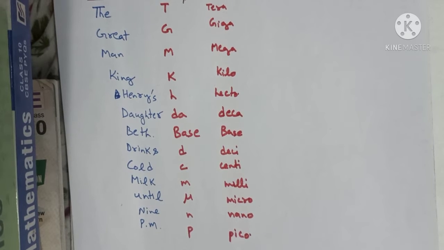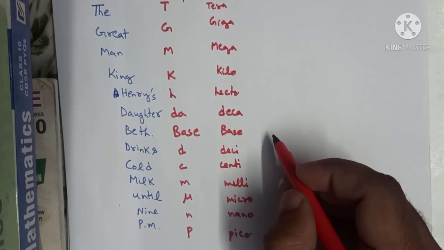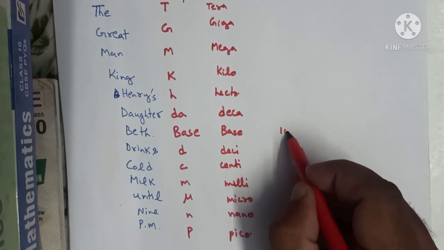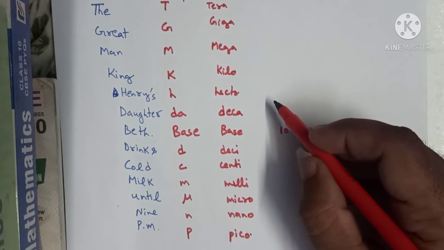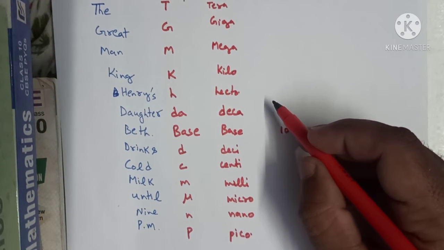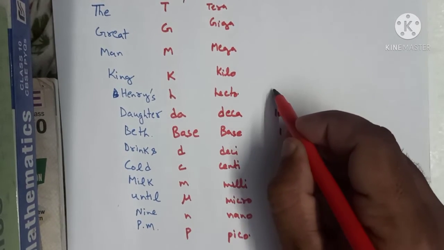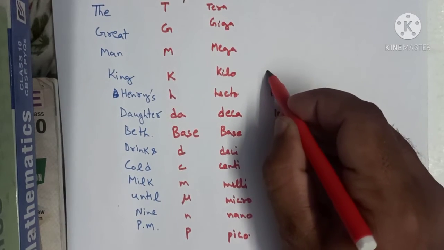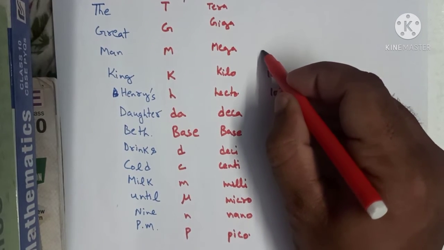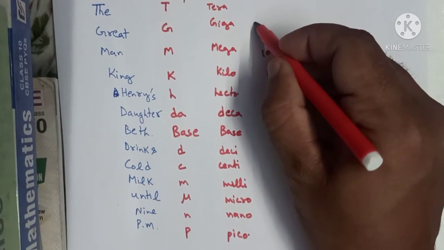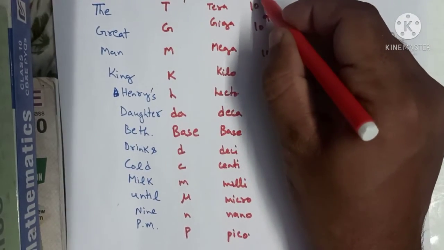Basically, the base is 10 to the power 0, and if we move upwards, from base to deca, that is 10 to the power 1, hecto is 10 to the power 2, kilo is 10 to the power 3, mega is 10 to the power 6, giga is 10 to the power 9, and tera is 10 to the power 12.